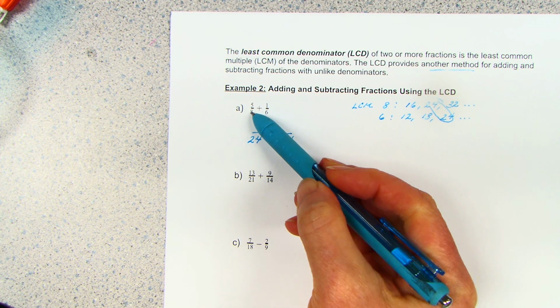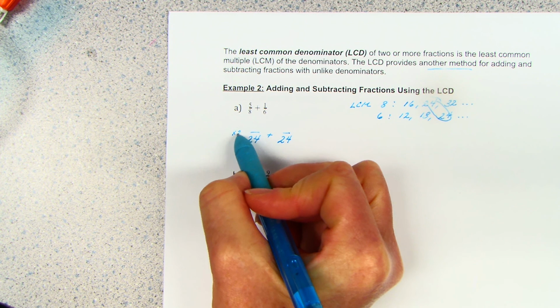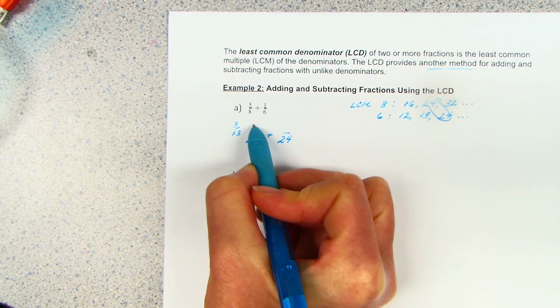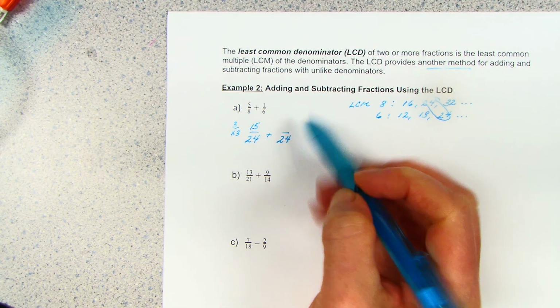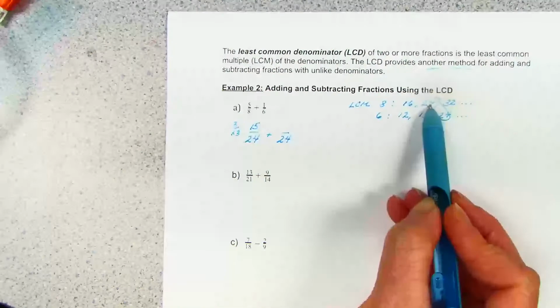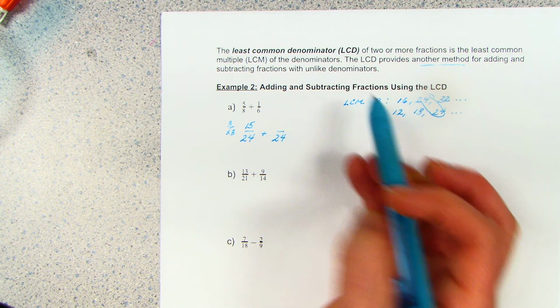and ask myself, how many times does 8 go into 24? I have to multiply 8 times 3. So we would multiply 5 times 3 to get 15 here. And on this side, 6 goes into 24. See, 8 went in 1, 2, 3 times, and 6 goes in 1, 2, 3, 4 times.